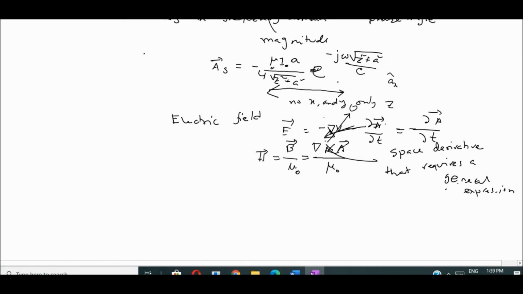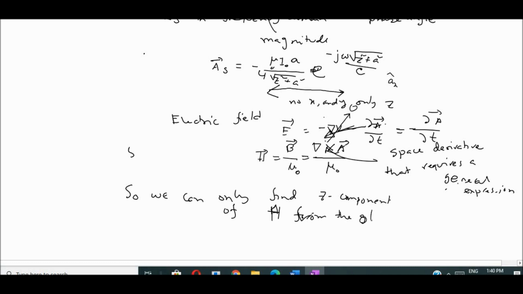So this function has no x and no y term, only a z term. So we can find Hs only in the z direction. We can only find the z component of Hs from the obtained equation.